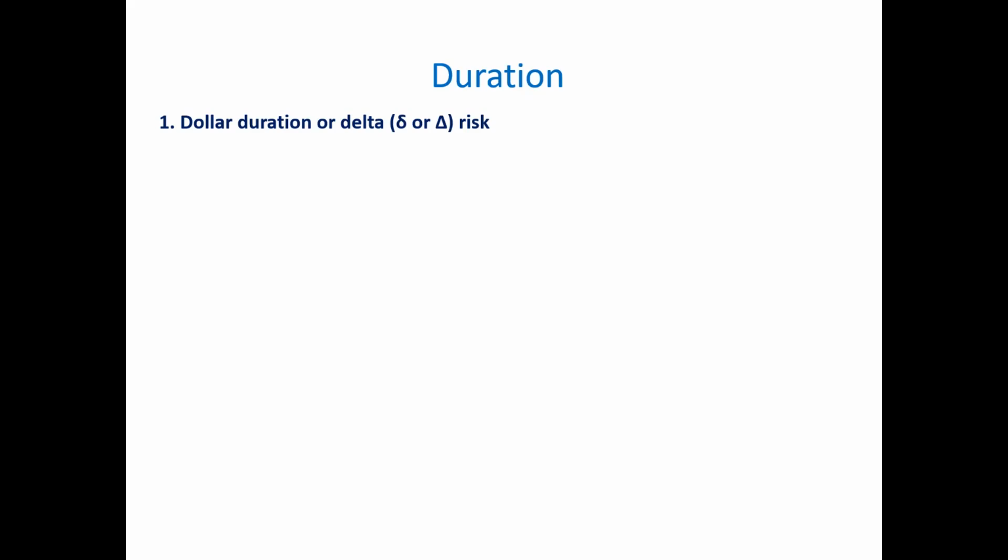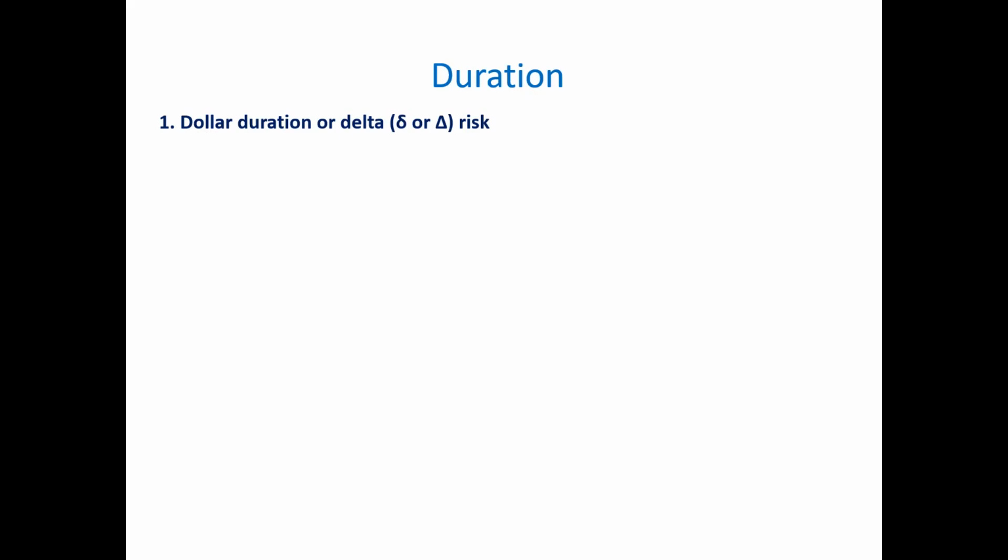And by the way, mind that duration is a concept or equation in the CFA level 1 exam. So if you are going to take it, then just pay attention to this lecture. Anyway, we'll start with the simplest measure. It's called dollar duration.